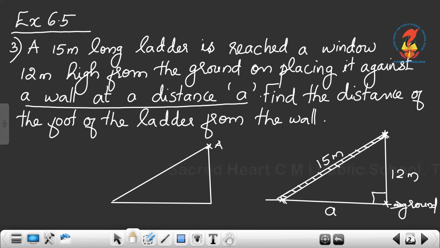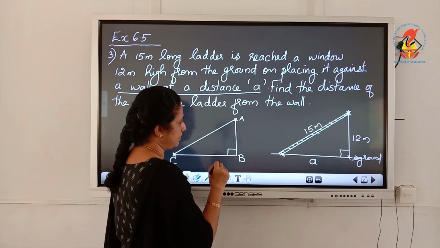The base of the wall we can represent by the letter B and the foot of the ladder by the letter C. AB represents the wall, AC represents the ladder, and BC gives the distance of the foot of the ladder from the wall, and you can see a right angled triangle.